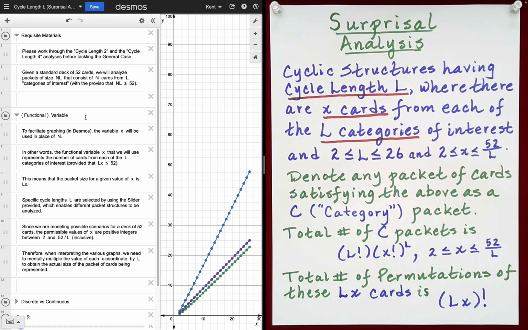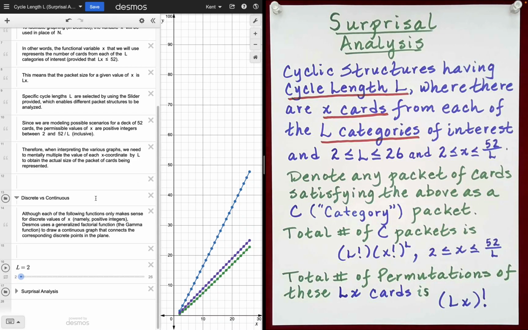Since we are modeling possible scenarios for a deck of 52 cards, the permissible values of x are positive integers between 2 and 52 divided by L. Therefore, when interpreting the various graphs, we need to mentally multiply the value of each x-coordinate by L to obtain the actual size of the packet of cards being represented.